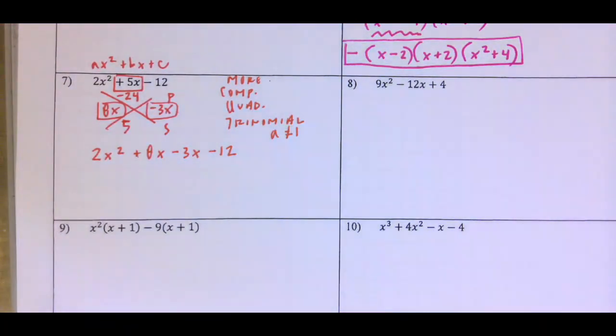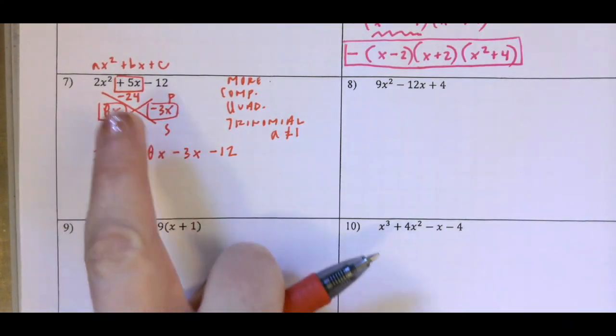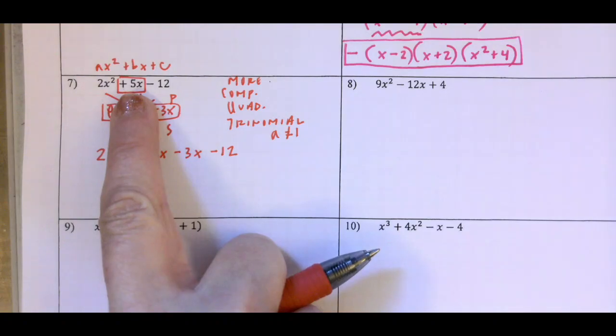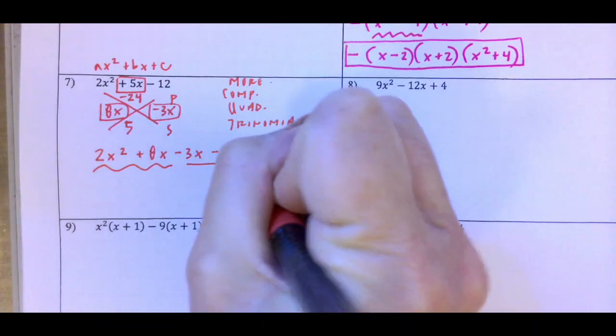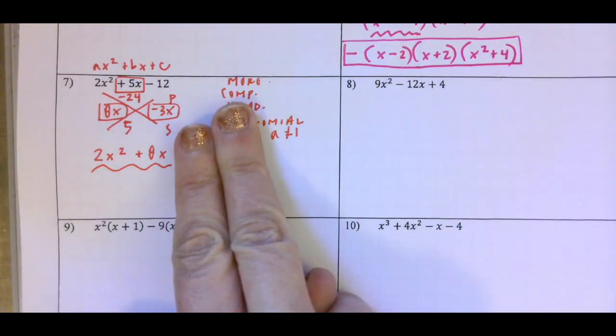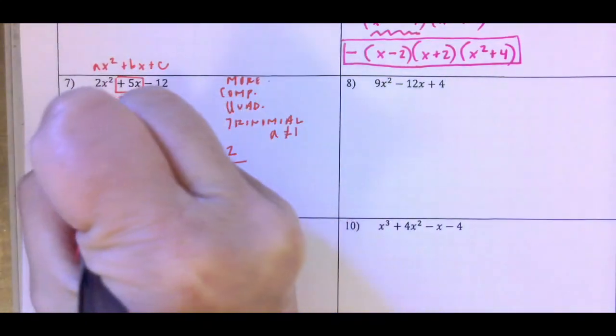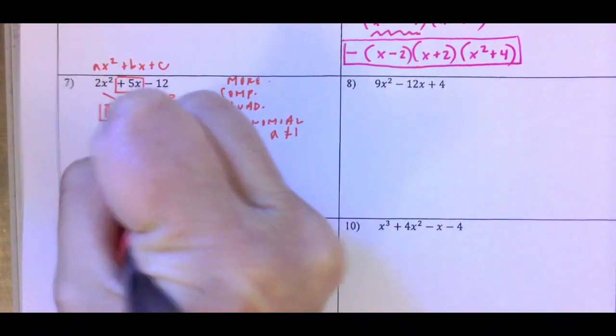And then I'm getting ready to try grouping to get to my conclusion. So here, again, this would consolidate and get me back to the 5x in the middle. So if I want to group it, though, I want to group my first two and my last two terms, and then I'm looking for a GCF right here. So they share in common a 2x, leaving behind an x plus 4.